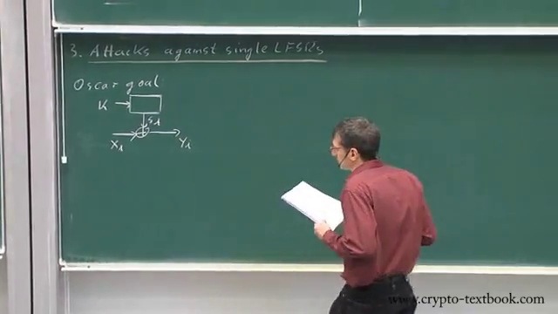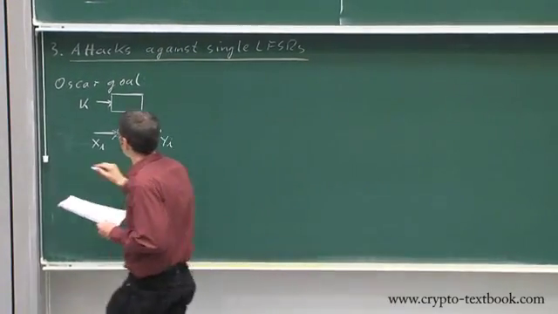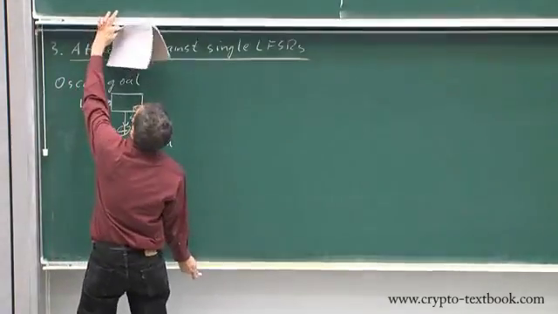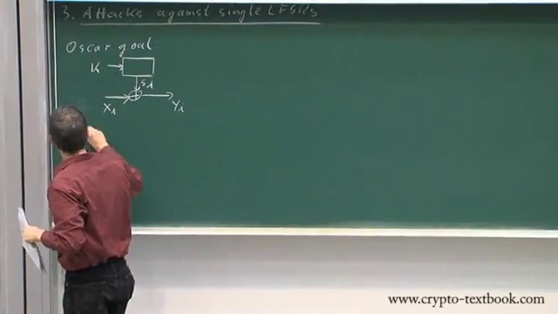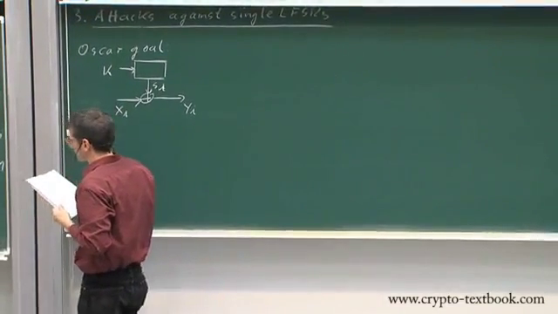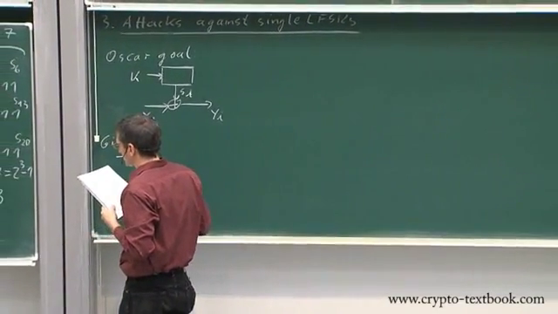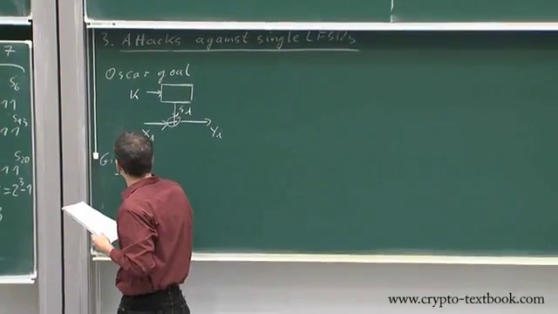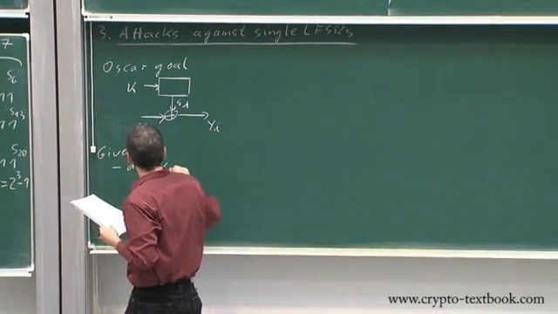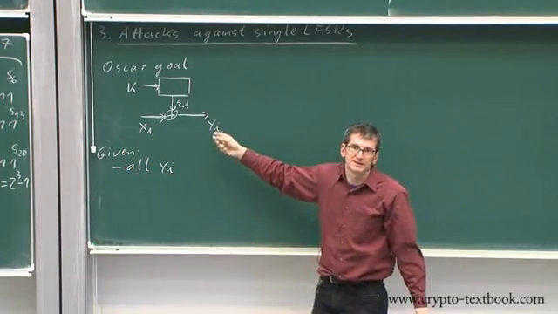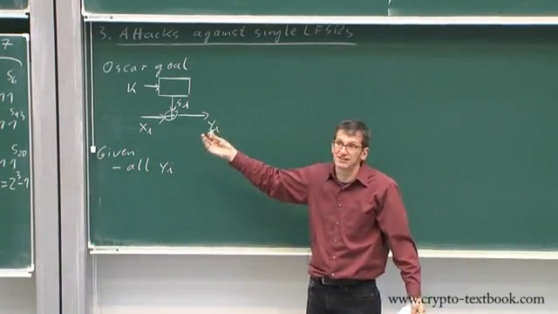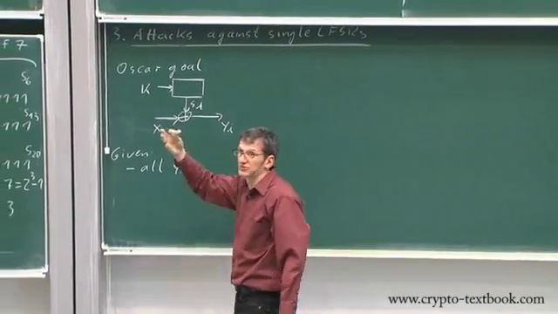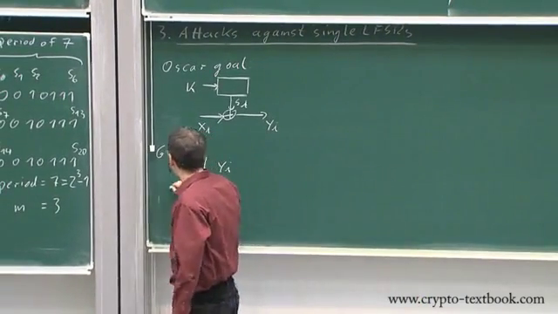What we now assume is what's given for Oscar: all yi. That means he has all the ciphertext, obviously. If he doesn't have the ciphertext, forget it, this is mind reading, Gedankenlesen. So he must know the ciphertext.